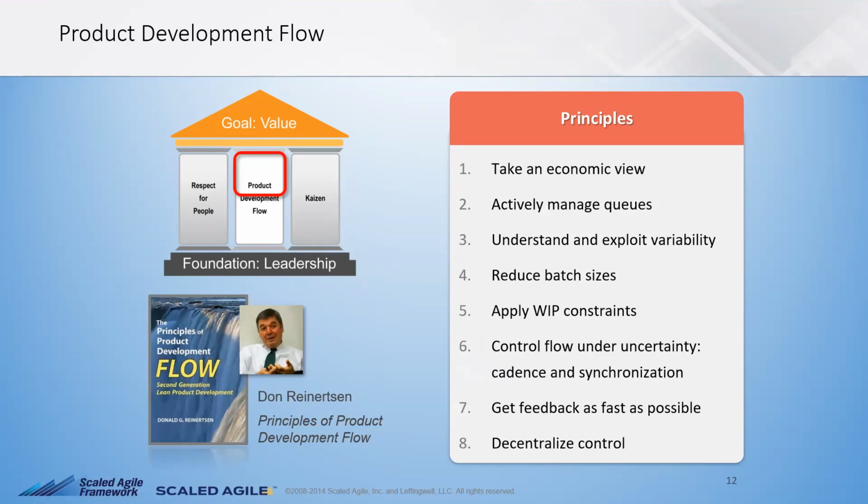So, product development flow: how we can improve this product development flow. The principles given in Scaled Agile are: take an economic view. So first we think about which is a profitable way to do it, how we can actively manage queues, how to understand and exploit variability or reduce variability overall, and reduce the batch sizes, in terms of delivery sizes.